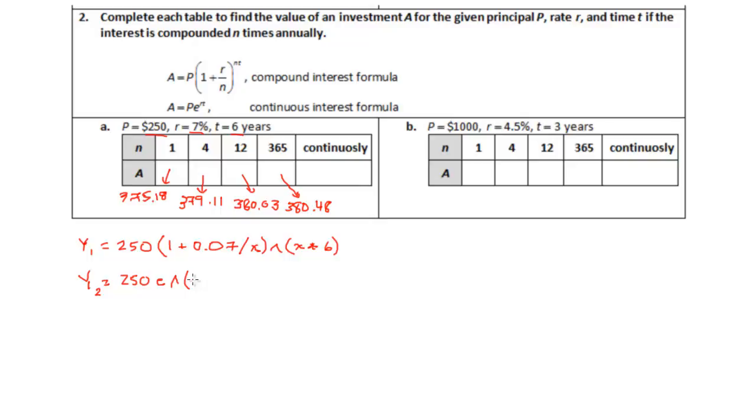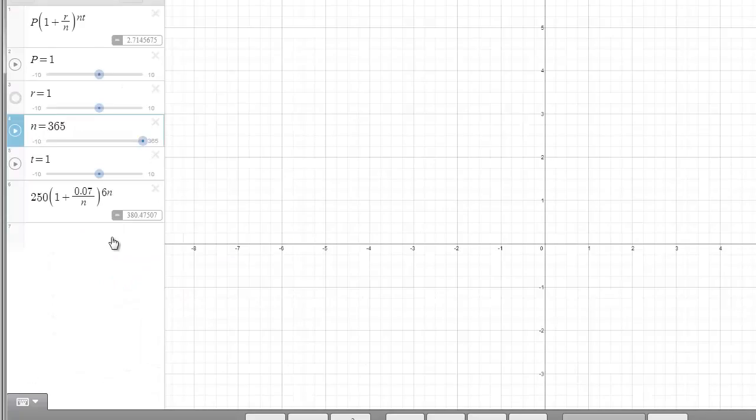And then in here, we're going to put the rate, 0.07, times t, which is 6. Now notice n doesn't play a role here because it's continuous. There is no compounding period.